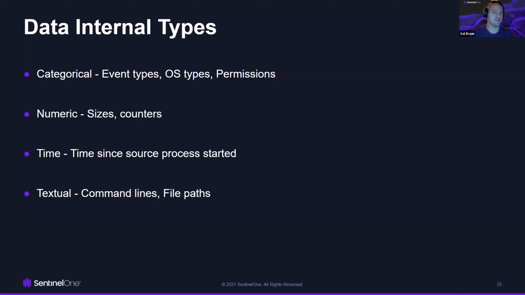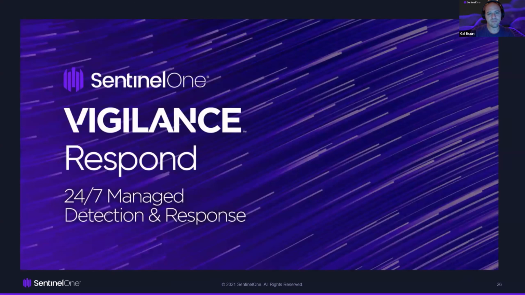What about labels if we want to have a supervised model? As I mentioned at the start, we have an MDR service, which is called Vigilance, which is made up of security experts responding to threats raised by SentinelOne's agents. So basically, they go over a long list of threats and handle each one of them.